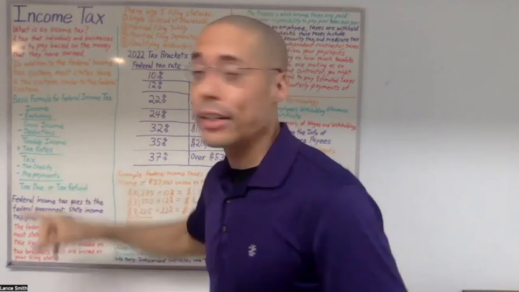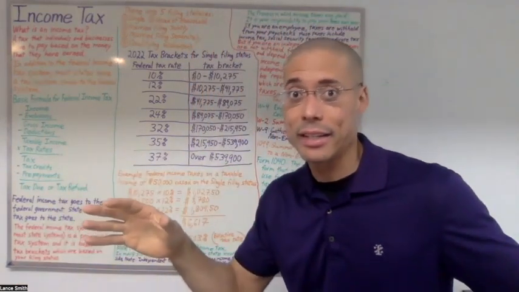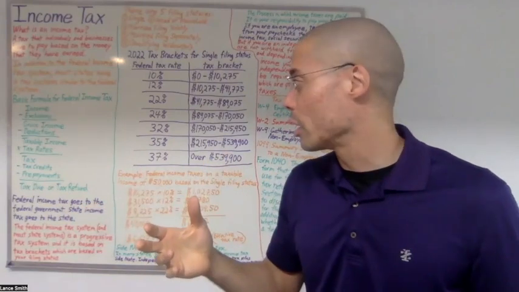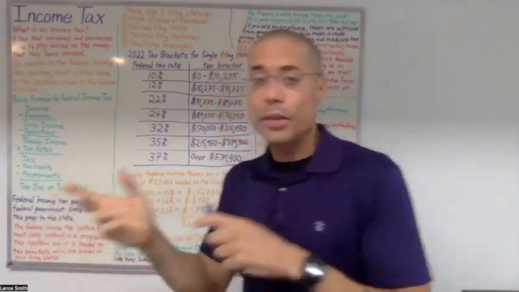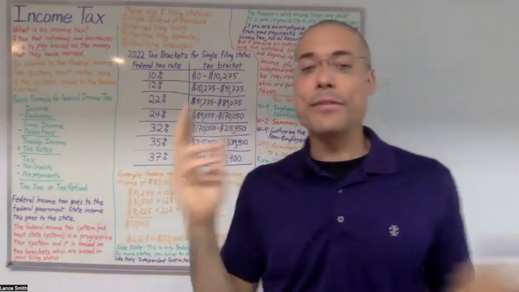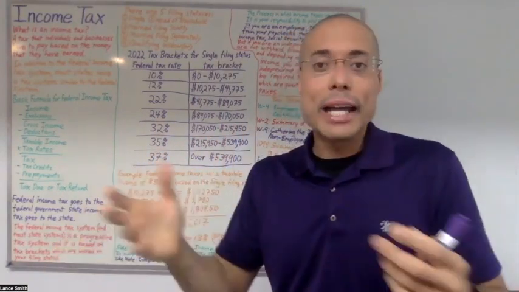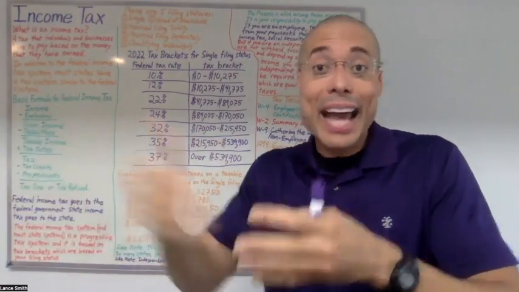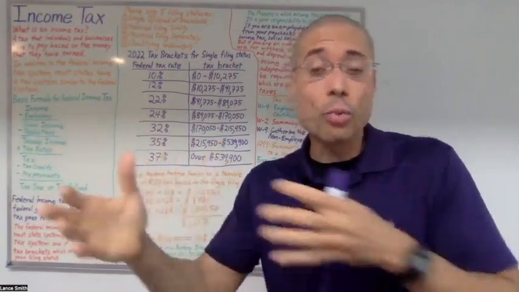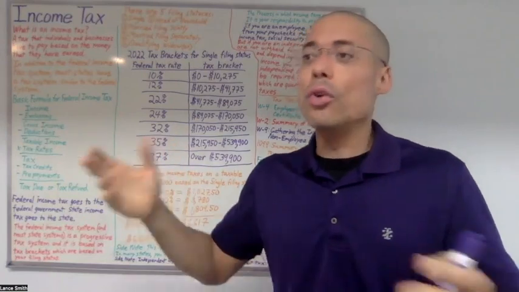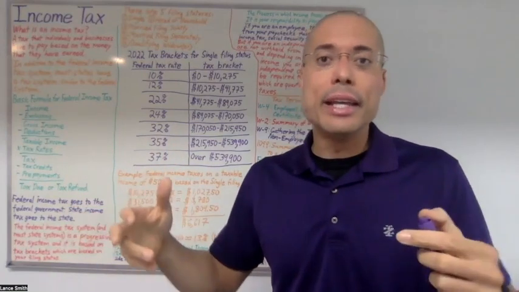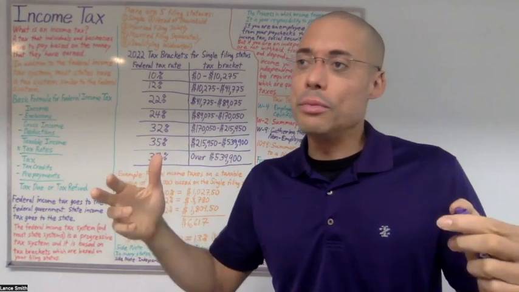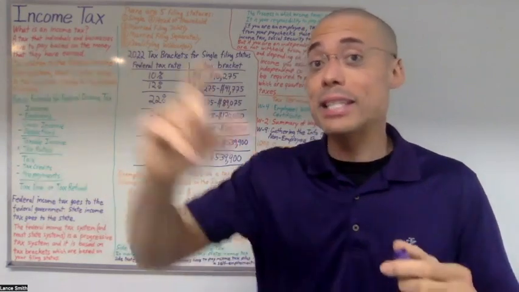And then you subtract off any tax credits that you may qualify for. And then you also subtract off your prepayments. If you're an employee, most likely your employer has been taking taxes out of your paycheck, called withholdings. Or if you are self-employed, then you perhaps have been paying estimated taxes.